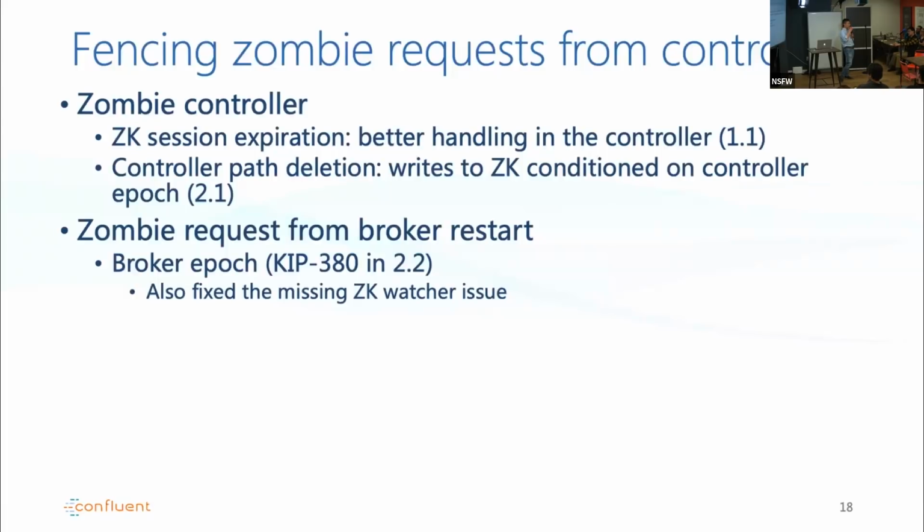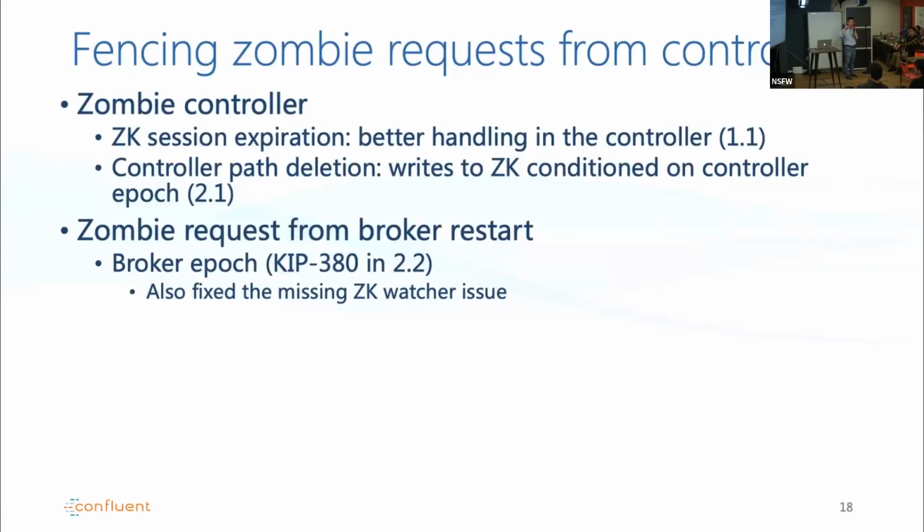When you try to write to Zookeeper, Zookeeper has this API for you to do a conditional write. You can associate a condition with a write, and then the Zookeeper server checks that condition. Only if that condition passes is the write allowed. So in this case, we changed the logic so that all the writes the controller does are conditioned on a matching controller epoch.